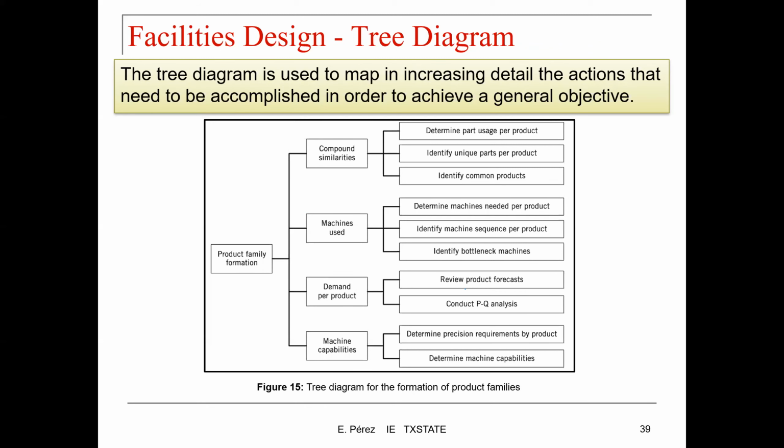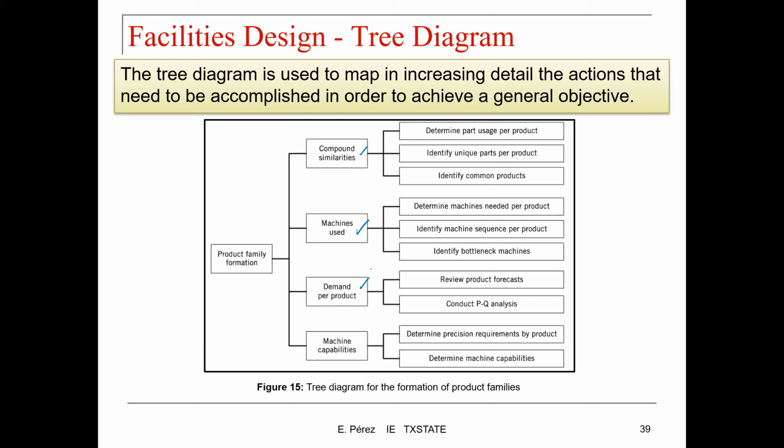First is component similarity, so finding the products that are similar that can be grouped in a particular family. Identify the machines that are used for each family. Also identify the demand per product.